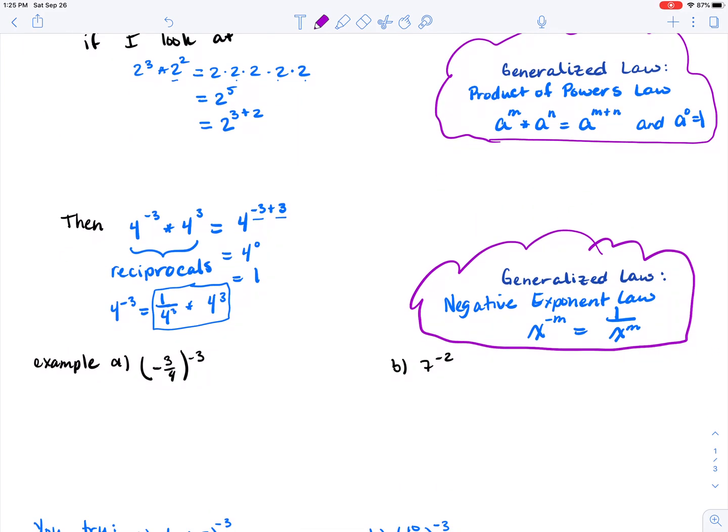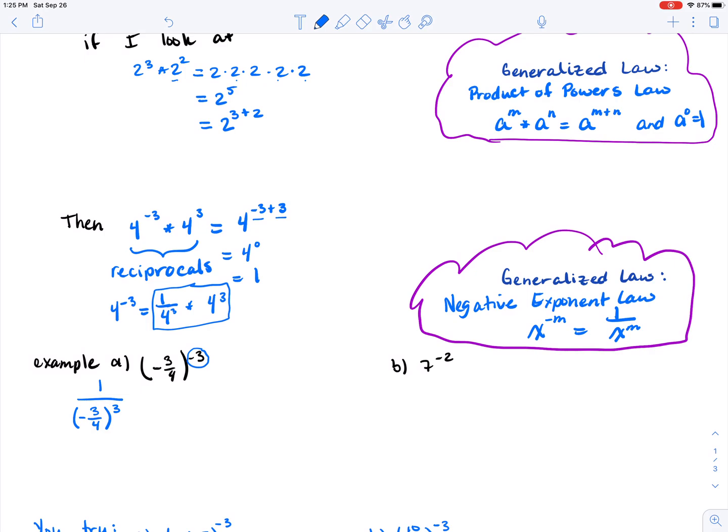We have negative 3/4 to the exponent negative 3. Based on the negative exponent law, I can rewrite this as 1 over negative 3/4 cubed, because what I'm trying to do is make the exponent positive.